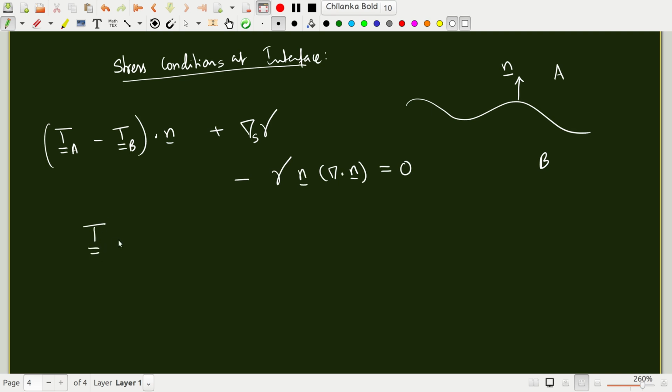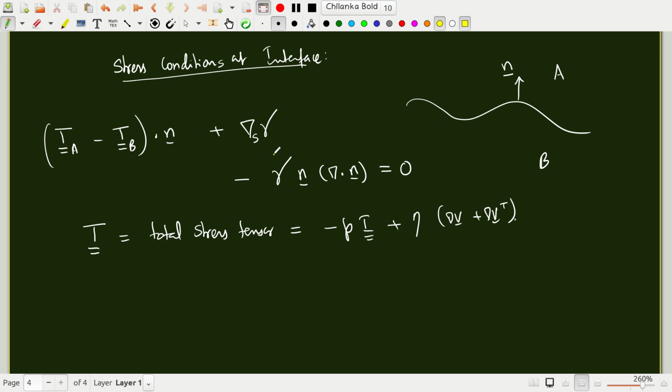T is the total stress tensor of the fluid, and for a Newtonian fluid this is equal to the isotropic pressure part, plus viscosity times del V plus del V transpose. Okay, this is the total stress tensor.